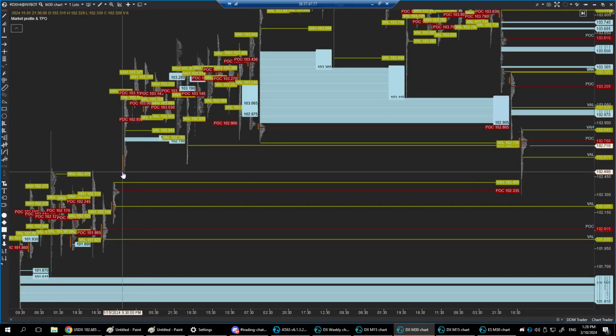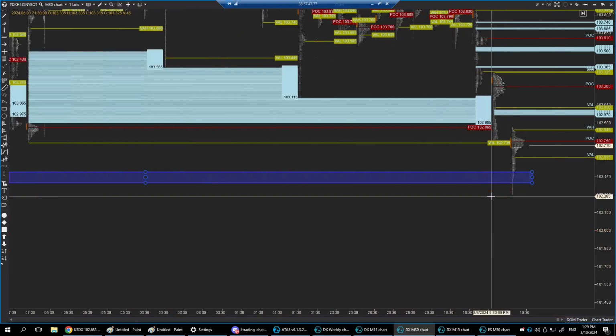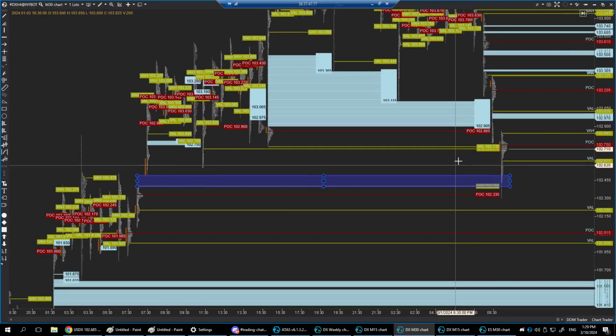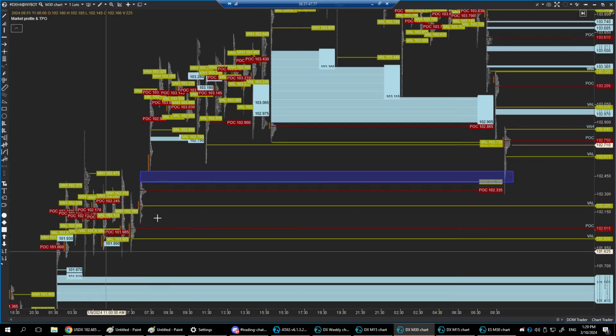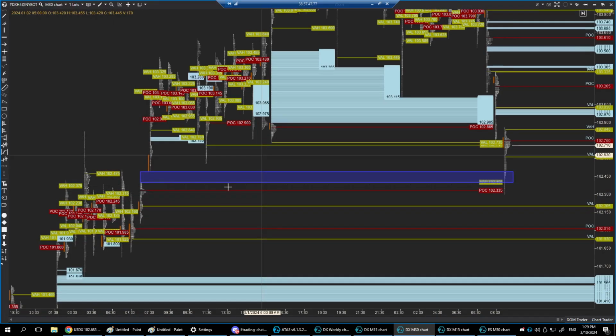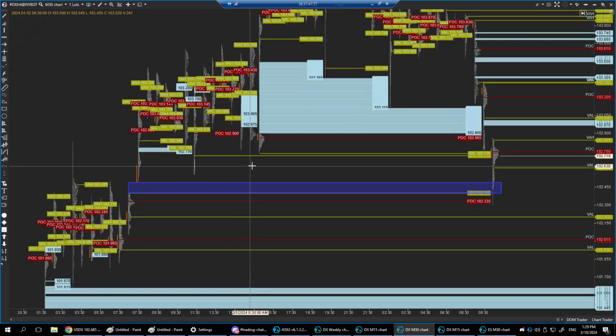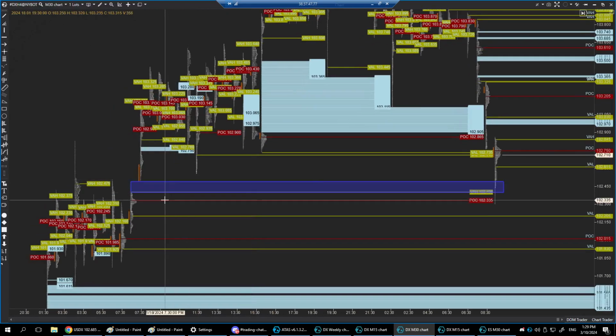So if you notice in NFP, we came down, we filled this gap as we mentioned. Now, did it fill it perfectly? No. It went onto the POC below it. Now, the thing to ask here is, can we expect a rejection now from the gap? And maybe a bullish dollar? My gut instinct says yeah. But we should plan for both eventualities.